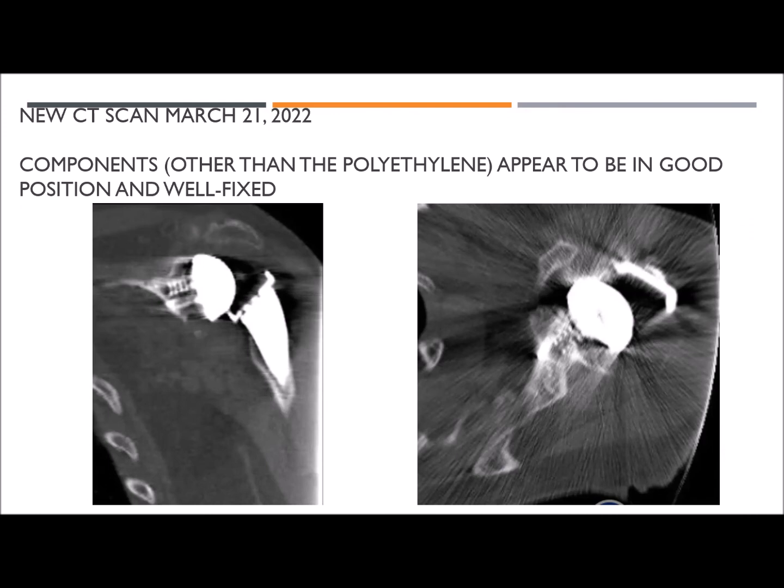Obviously there's some osteolysis under the glenosphere base plate, but it did appear to be well fixed, and the humerus with that graded tuberosity resorption appeared to be well fixed. Obviously it's unstable. There's probably something wrong with the poly. So at this point, we proceeded with surgery because of his persistent instability issues.